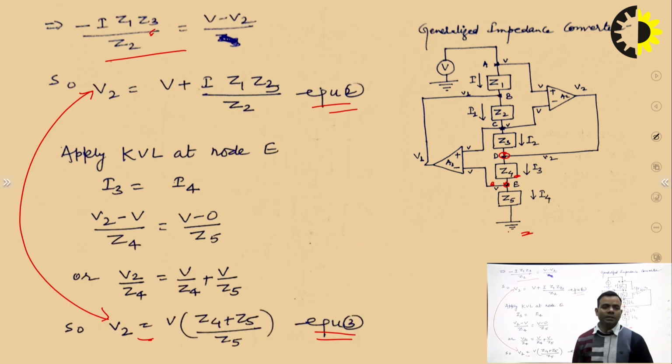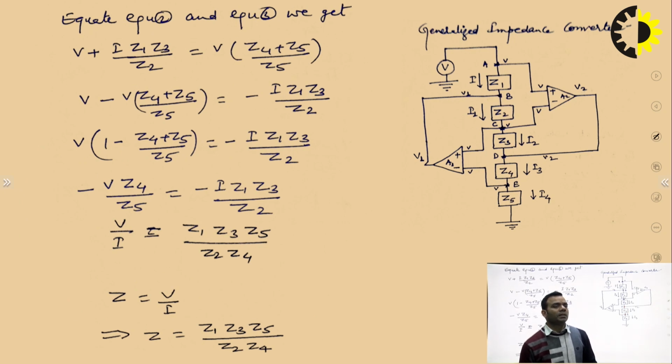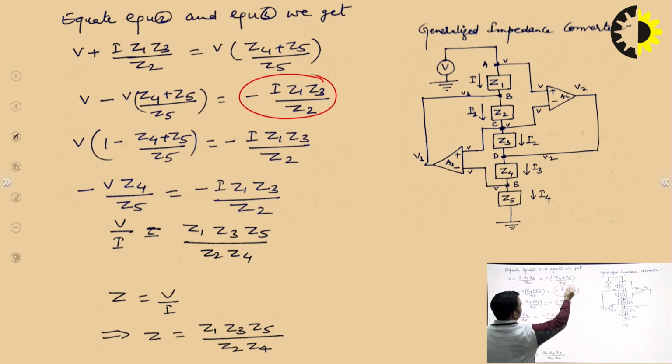So, obviously we can compare these two equations and we will get V plus I Z1 Z3 upon Z2 is equal to V into Z4 plus Z5 upon Z5. So, you can take current terms on right hand side, so it will become minus I Z1 Z3 upon Z2, and you can take this V term on left hand side. So, you will take V as common, you will get 1 minus Z4 plus Z5 upon Z5.